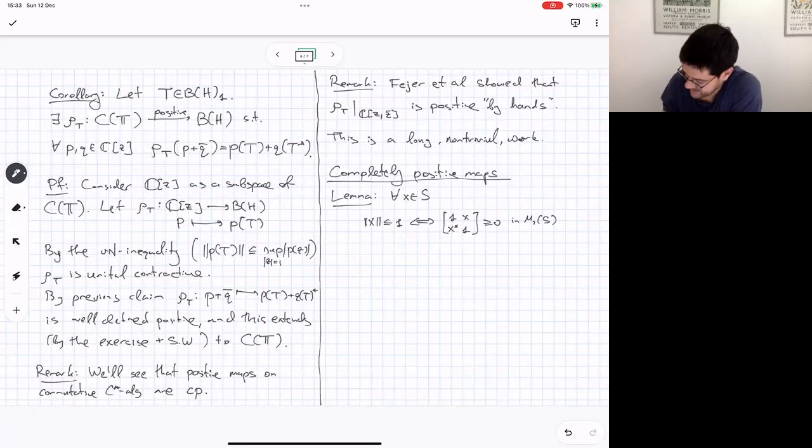Let's check it. So proof: you can put S in some B of H, S is in A, which is in some B of H. And for every psi, eta in H, just compute this thing.